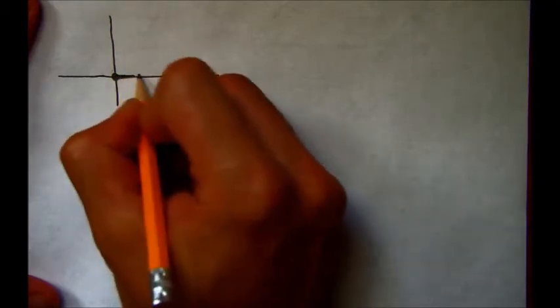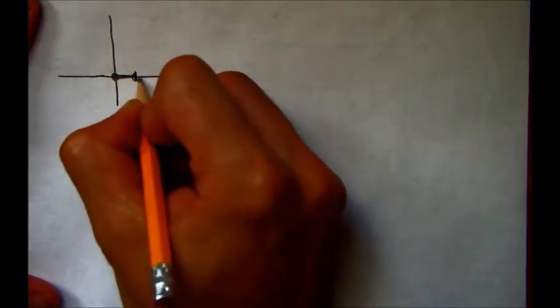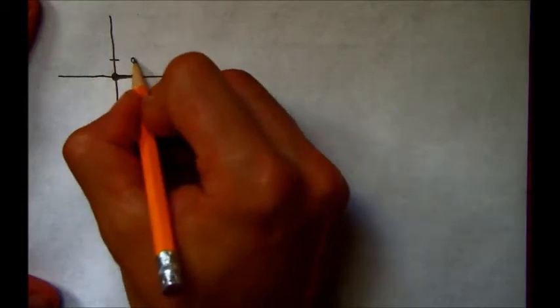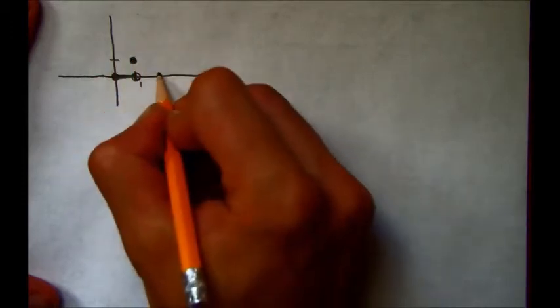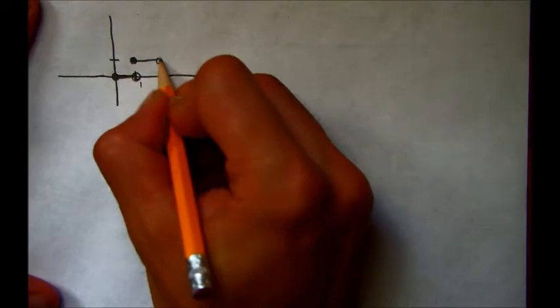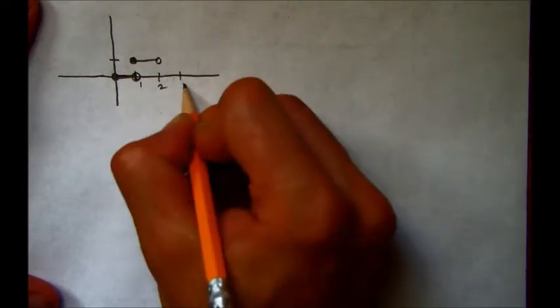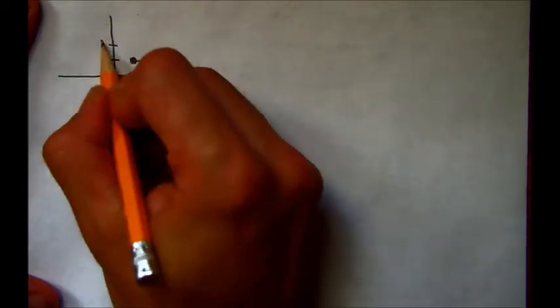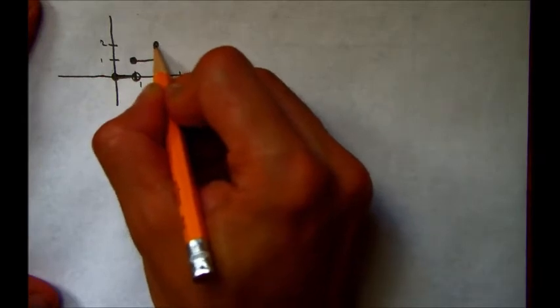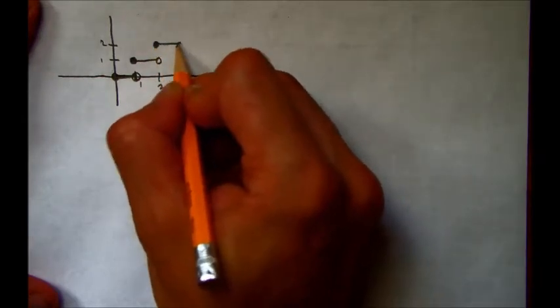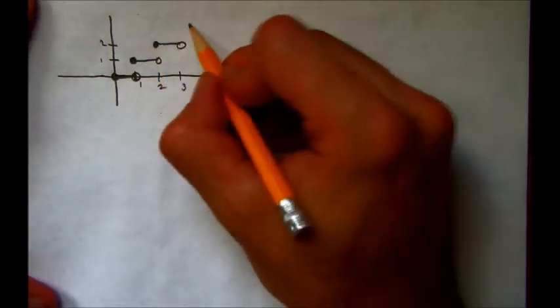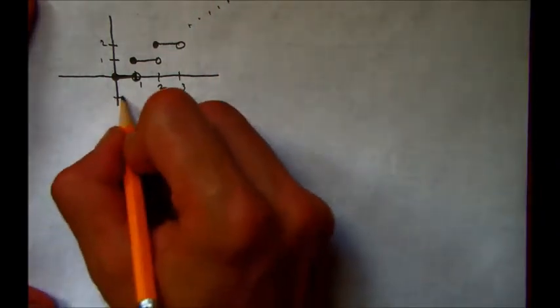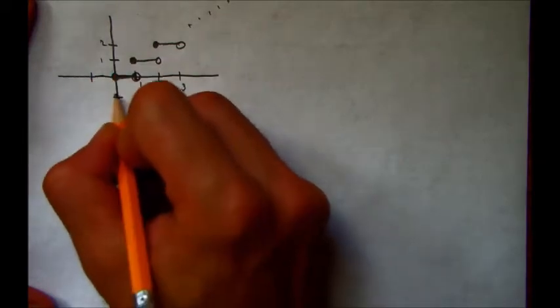It goes one space over to 1, and then there's an open point, and then another segment at the same length here, and so on. So you might remember seeing this graph from the first lesson. This just goes on this way, and then basically it's a step function.